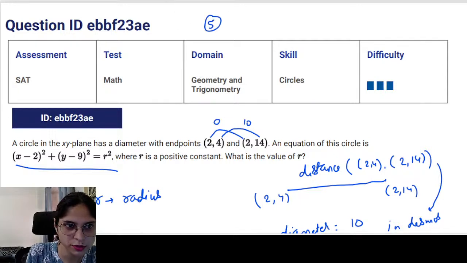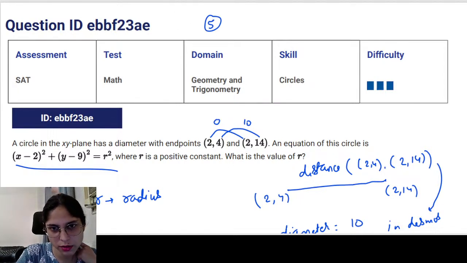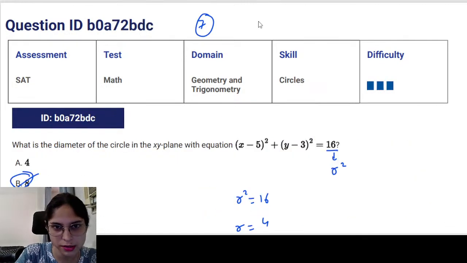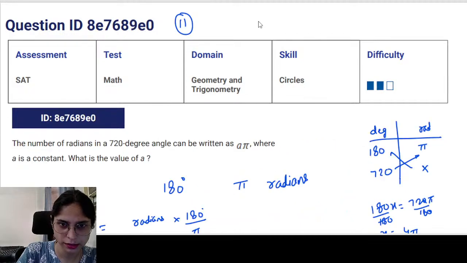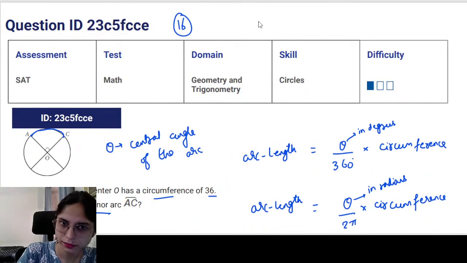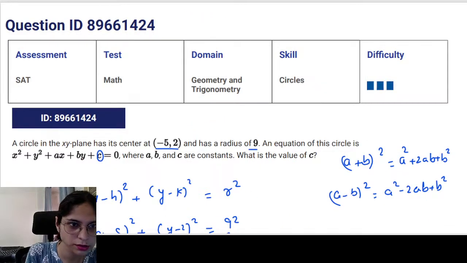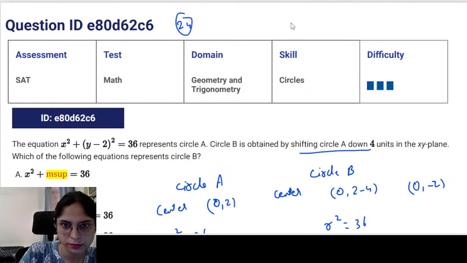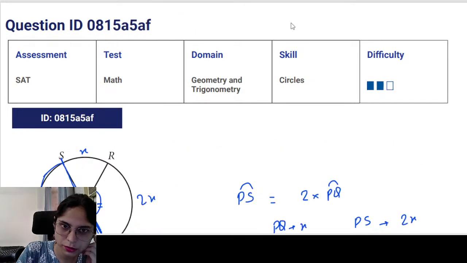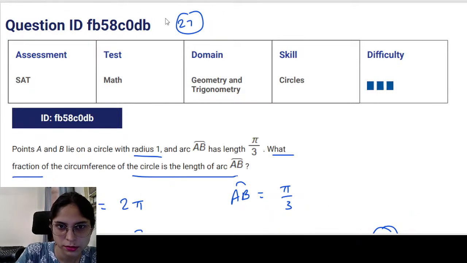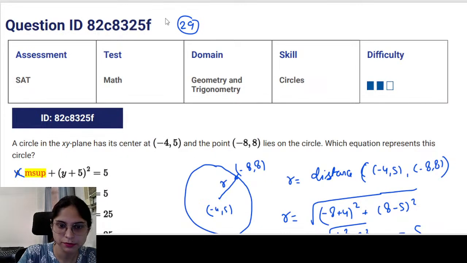I haven't put the page numbers and everything, but it's easy: the page number is the question number. 6, 7, 9, 10, 11, 12, 13, 14, 18, 19, 20, 21, 22, 23, 25, 26, 28, 29. Yeah.